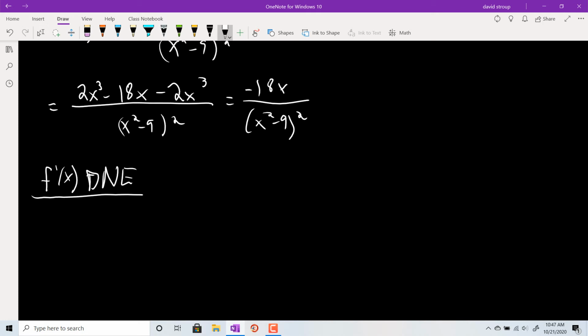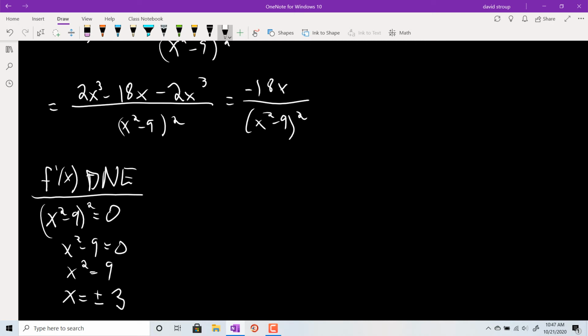So f prime does not exist when (x squared minus 9) squared, the denominator, equals 0. And clearly that equals 0 when x squared minus 9 equals 0. In other words, when x squared equals 9. In other words, when x equals plus or minus square root of 9, which is 3.